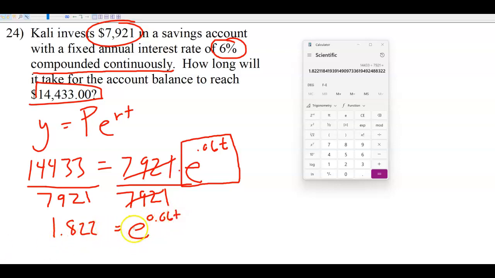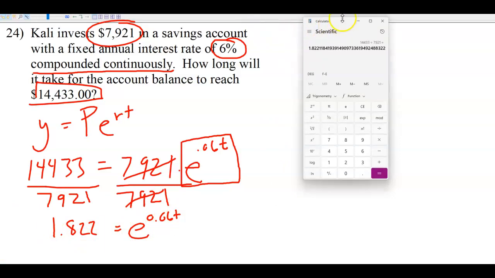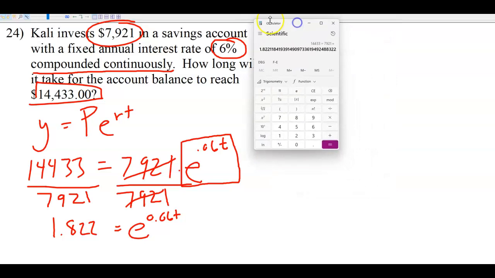Next thing I want to do is get rid of this E. And the way we do that is by logging both sides. So we'll do ln, since it's a base of E this time. Oh, forgot to do this side.